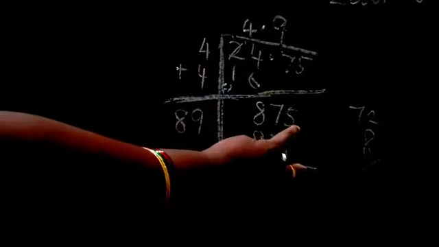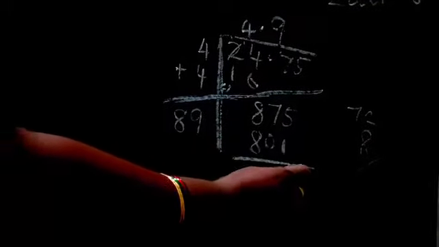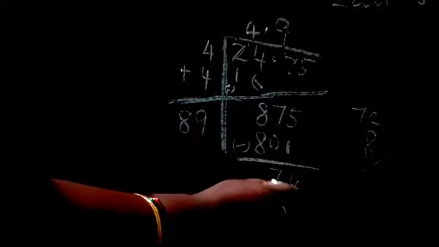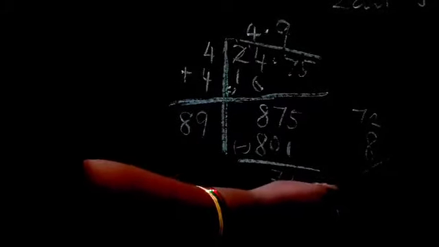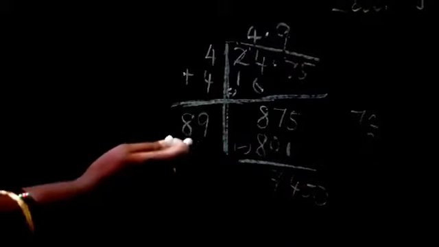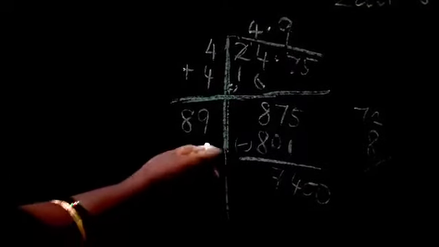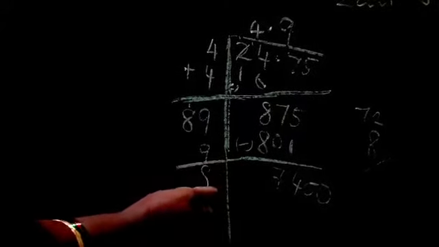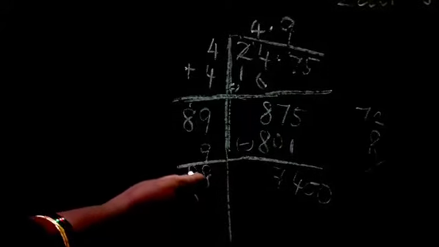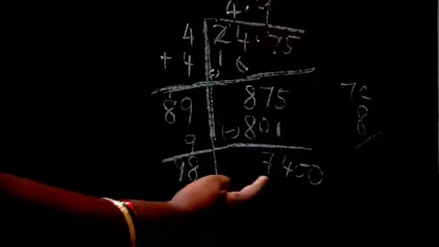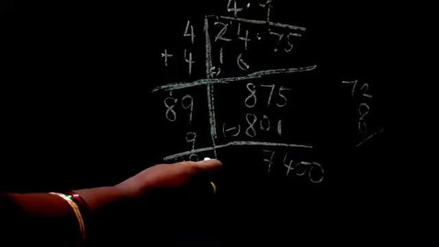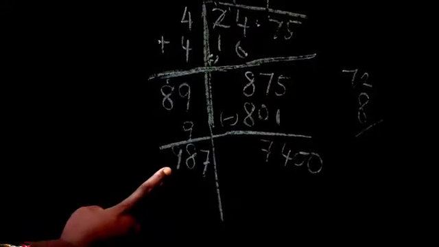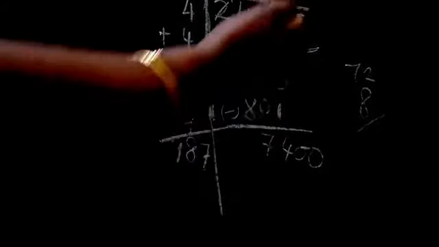So then 5 minus 1 is 4. We have to do minus here. Then 7 minus 0 is 7. Again we can add double 0 here. This 9 we should add here. 9 plus 9 is 18. 8 carry 1, it will become 9 here. Then we have to see how many times it will go. Then 7 times it may go because it is 7400 here, 987.